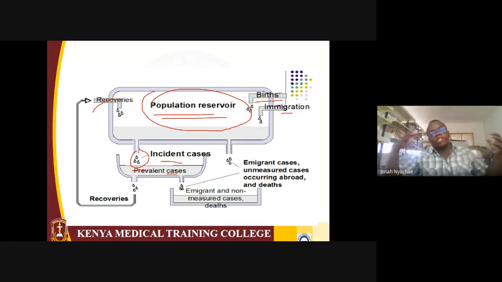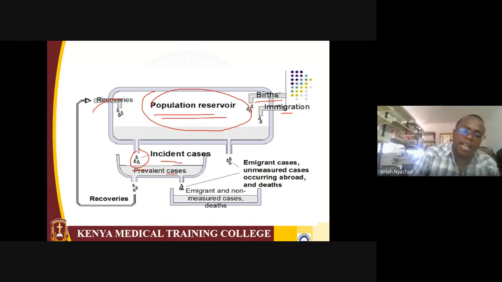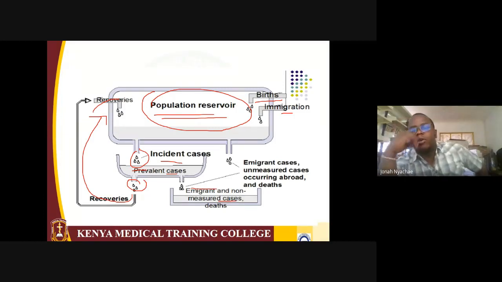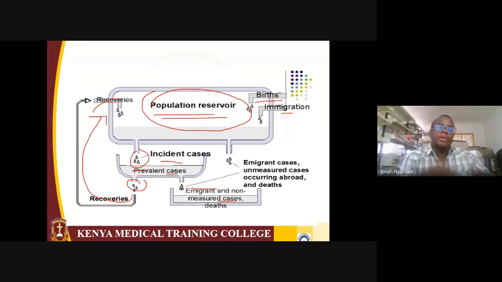So from the larger population, we can get some incidences who now join the prevalence, who still are part of the population. And then they can exit. Of course, the prevalence can be affected by recoveries, and also by emigration, non-measurable cases and death. So it is common for you to find the prevalence fluctuating because of what I have highlighted. That is recoveries, immigration, and death.